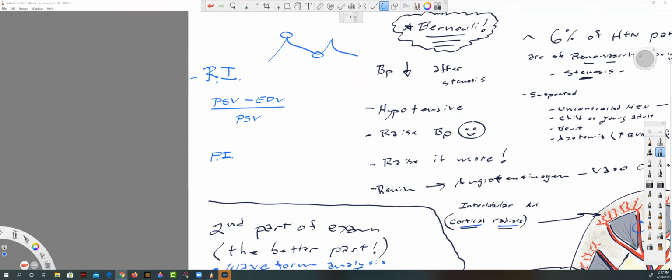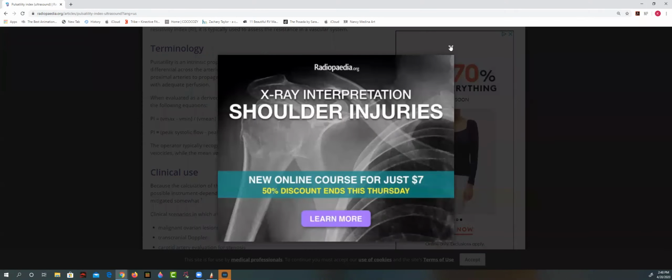I can barely see it around this advertisement, which I can't get away. Hold on, I do have a mouse. Sometimes I don't have my mouse attached. Okay.